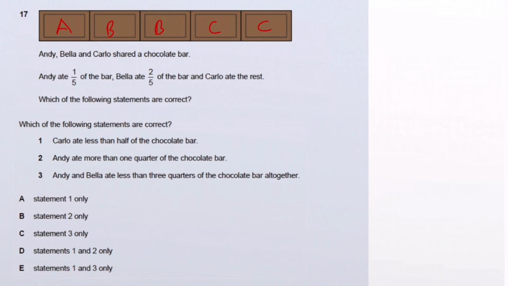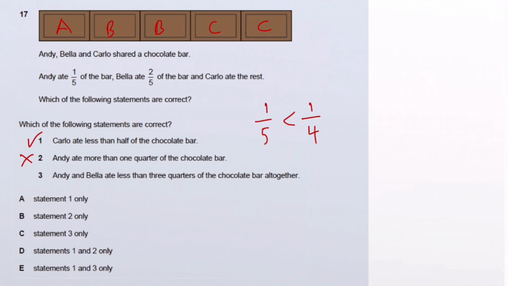So looking at the first statement, Carlo ate less than half of the chocolate bar. Well, 2/5 is less than 1/2, so that is correct. Number 2, Andy ate more than 1/4 of the chocolate bar. Well, 1/5 is smaller than 1/4, which means that statement is wrong.